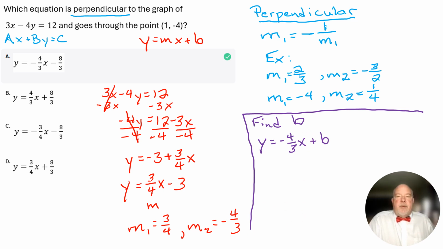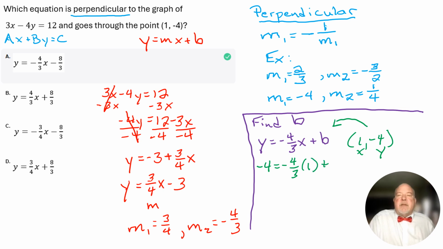So I'm going to take the point 1, negative 4. Again, that's an x value and that's a y value, and I'm going to plug those into the equation so that I can solve it for b. So I'm going to plug in negative 4 for y, so that gives me negative 4 equals negative 4/3 times x, and the x value is 1.